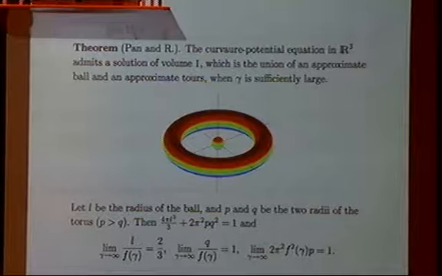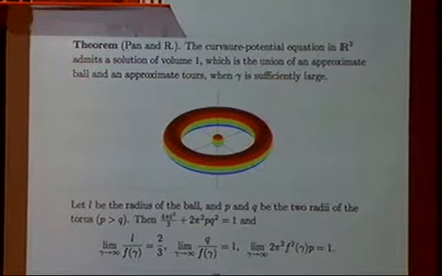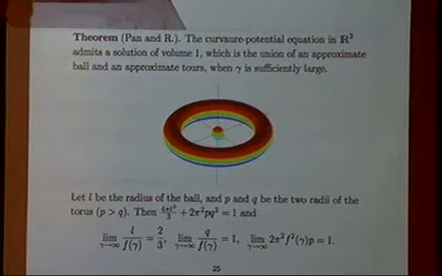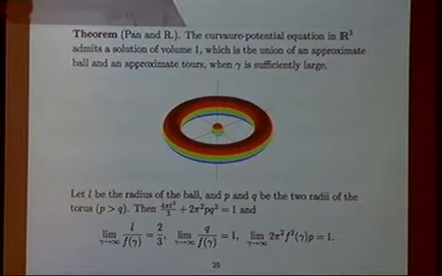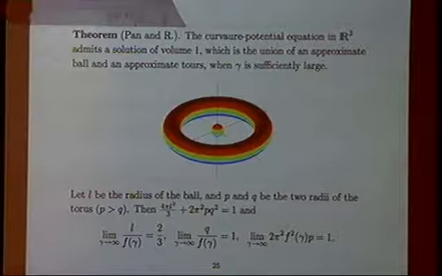Now here's a third solution that I found recently with Xinbin Pan of East China Normal University. Again, we look at this problem in R3 of volume 1, and we found that you can build a solution also of two components.